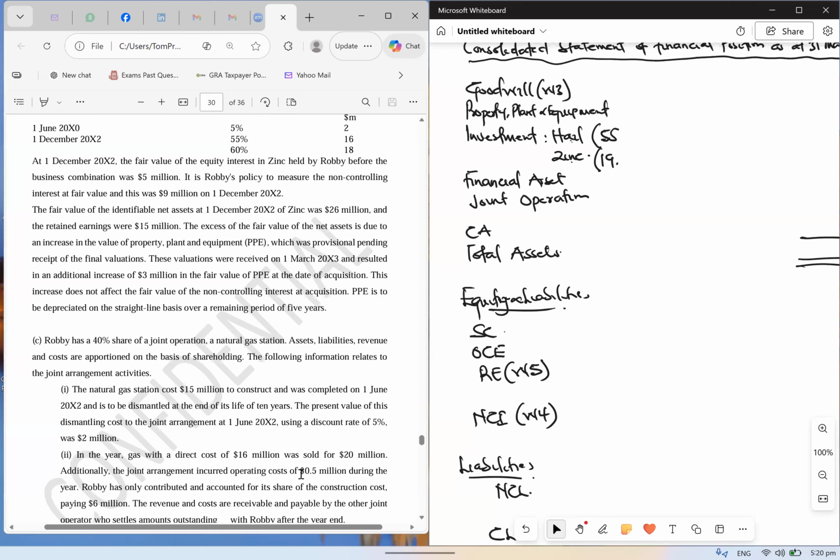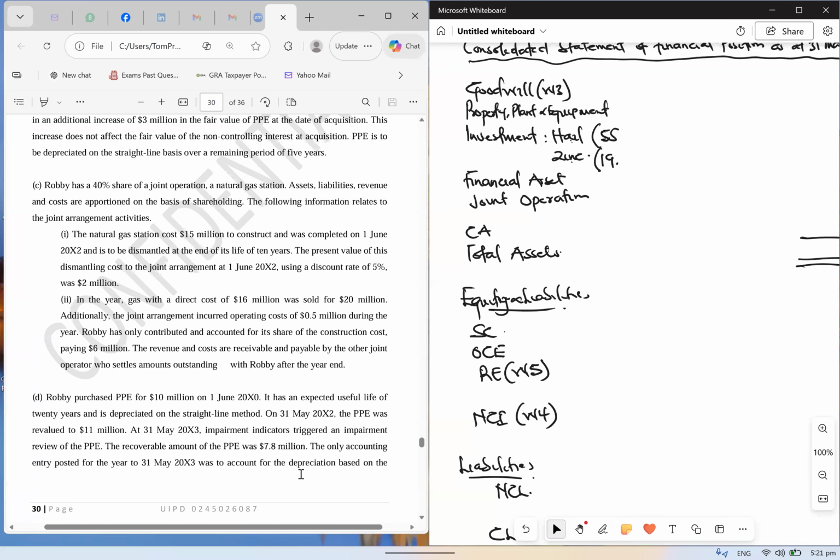So it means the fair value of net assets at acquisition, which was 26, will have an additional increase of 3 million. So take note of that. PPE is to be depreciated on a straight line basis. And they said any difference is because of those things. All right, so take note of that.